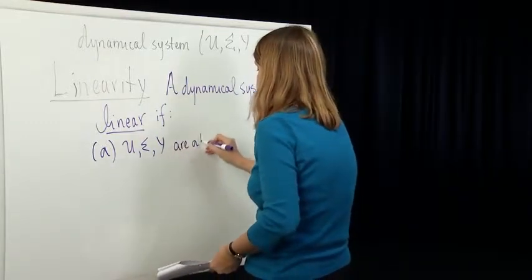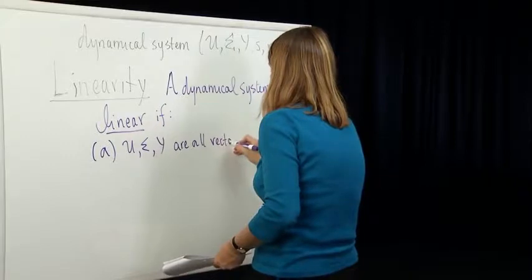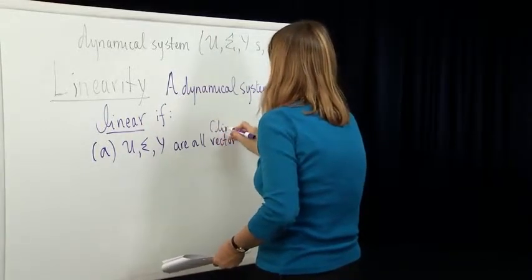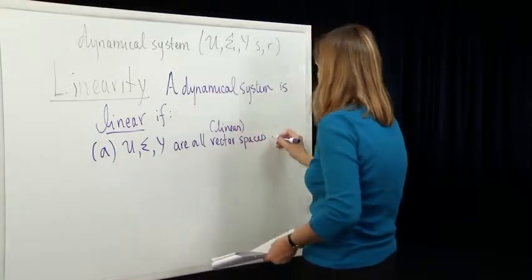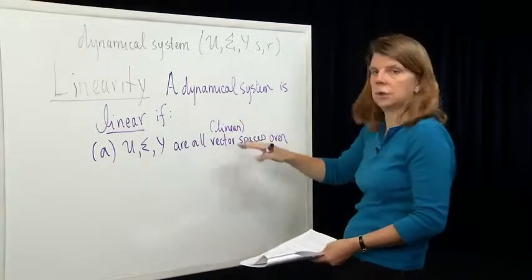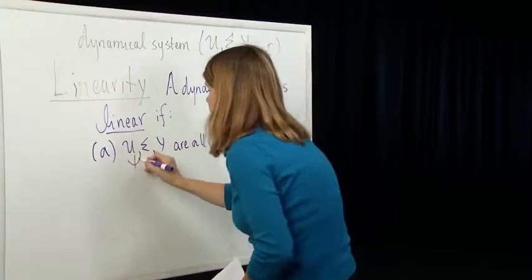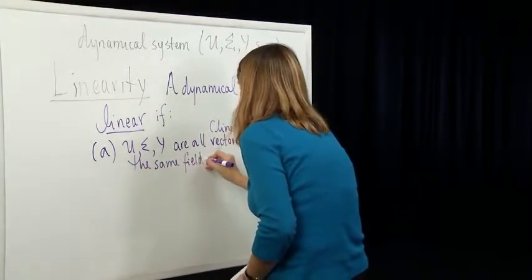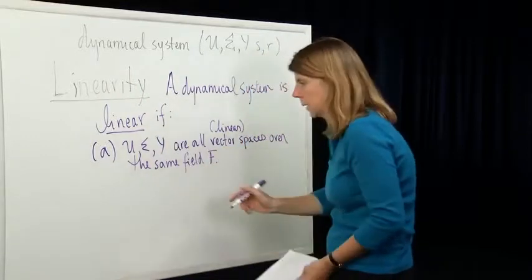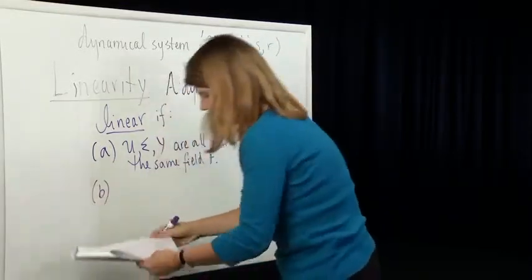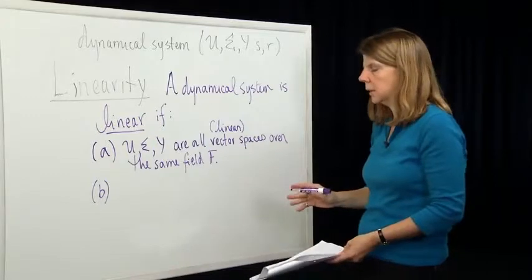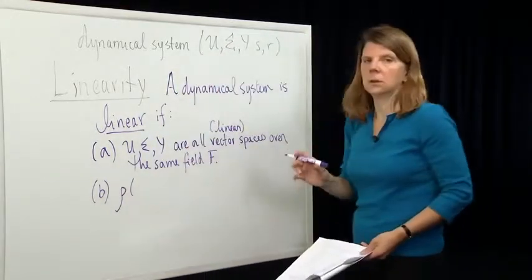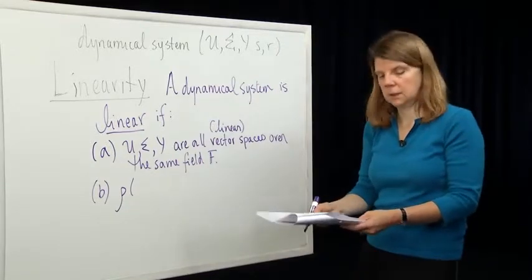Are all vector spaces, or linear spaces, we use that term interchangeably, over the same field F. And then the second condition is the main linearity condition, which is that the response function has to be linear in two of its arguments, in the state and the input.